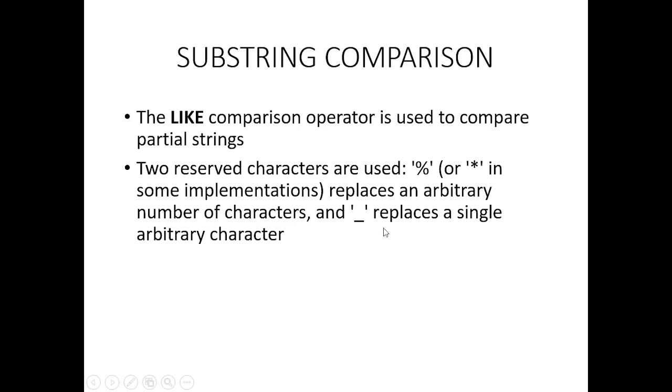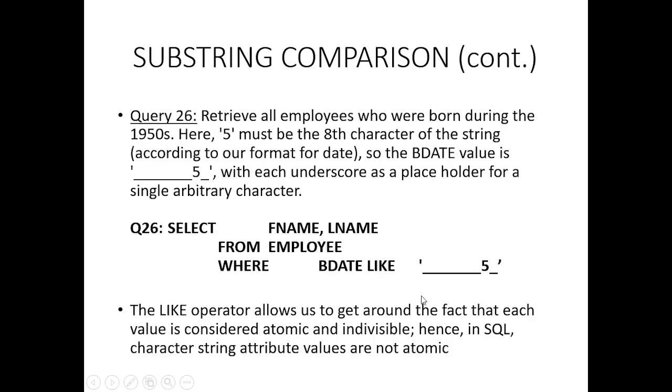If we are using an underscore, that replaces a single arbitrary character. That is, retrieve all employees who were born during the 1950s. Here, 5 must be the eighth character of the string according to our format for date. 5 must be the eighth character. So the birth date value has this eighth character, with each underscore as a placeholder for a single arbitrary character.